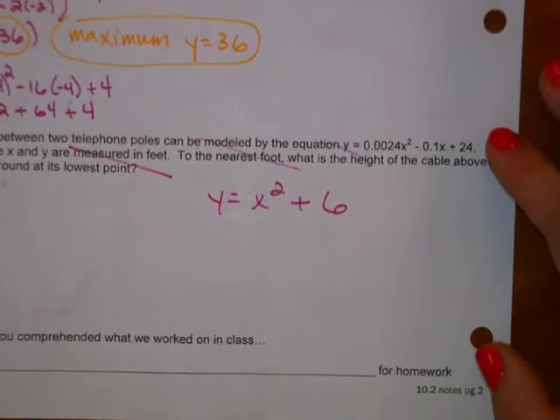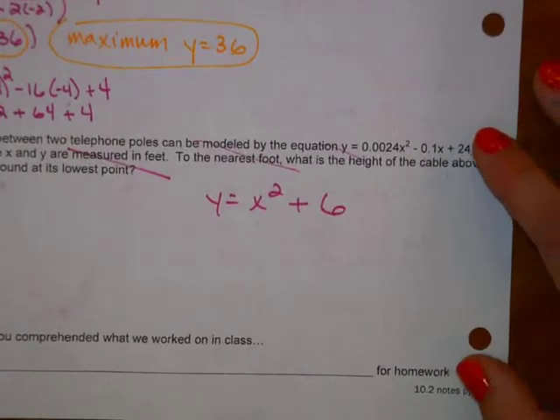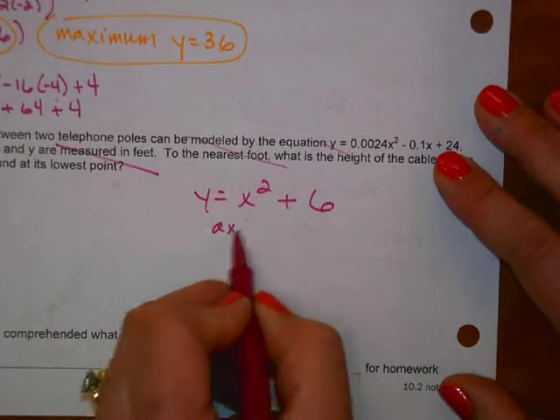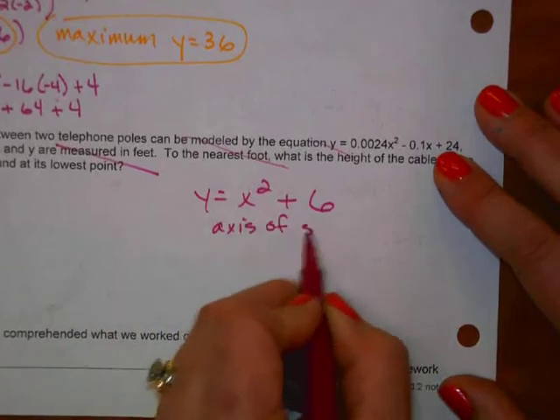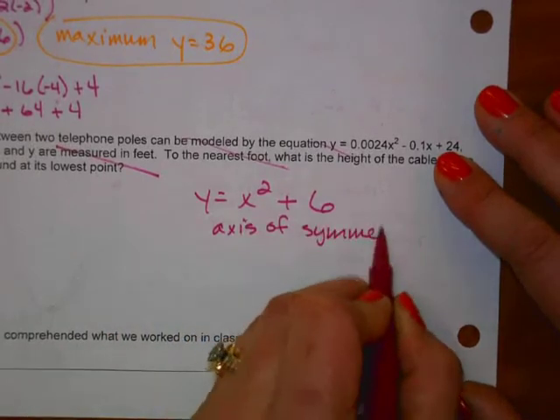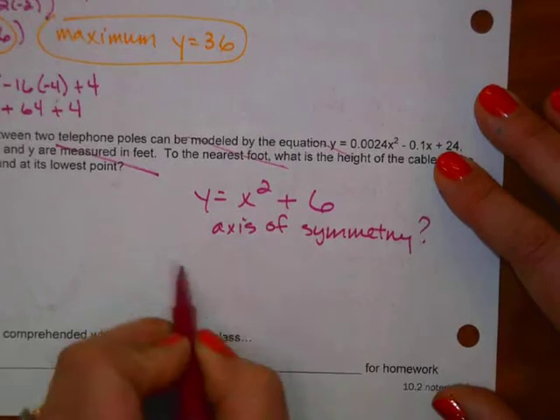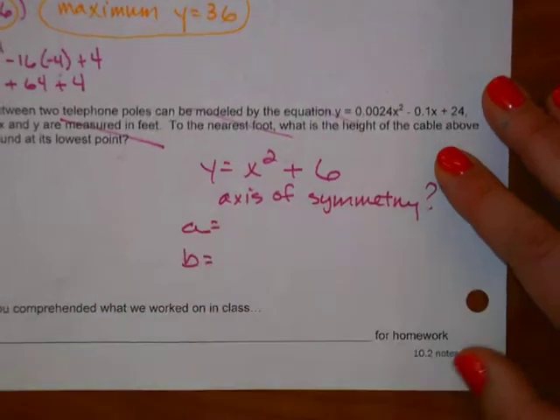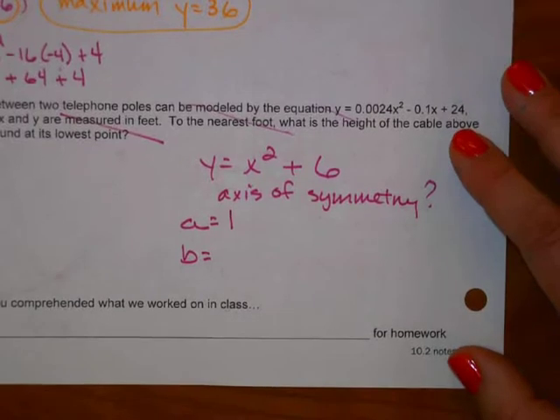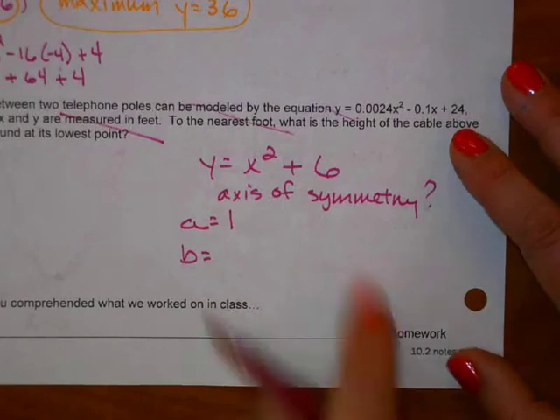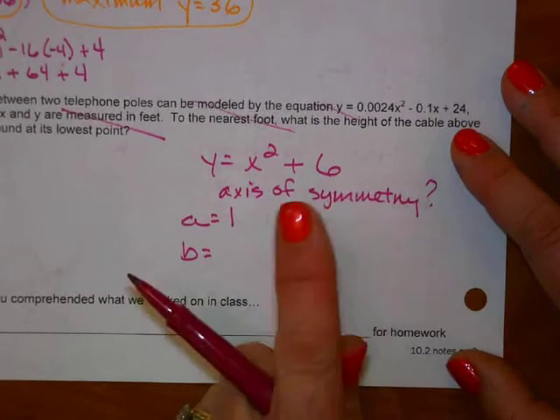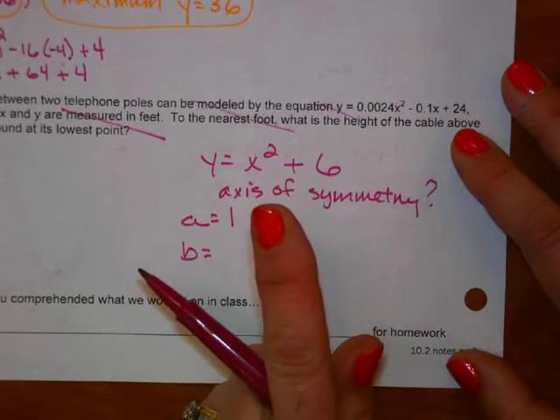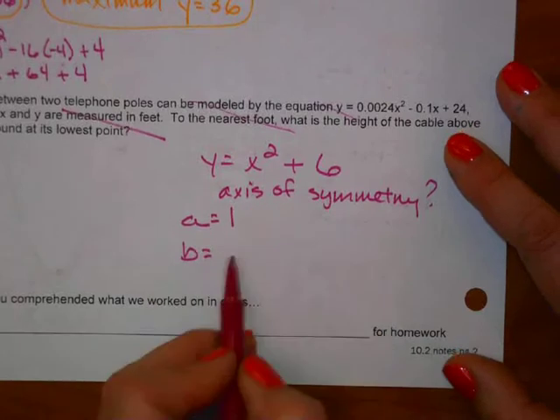Let's say you were given this problem, and you had to find the axis of symmetry, and you went to identify A and B. What is A? 1. What's B? It doesn't have a B. What value would make B disappear? 0.